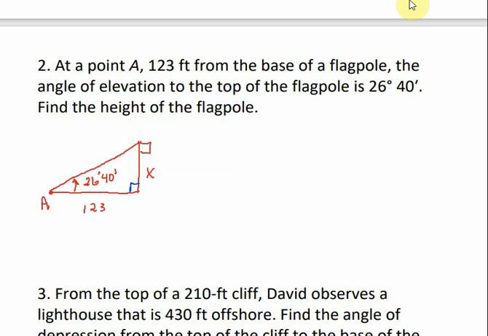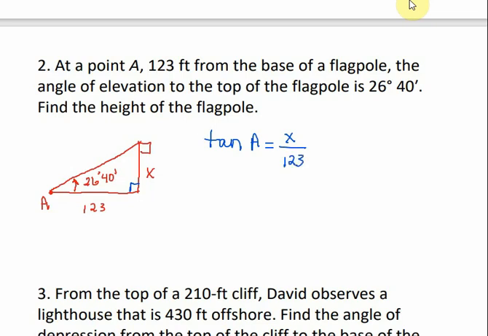Okay, so we're not dealing with the hypotenuse, we're dealing only with adjacent and opposite sides. So which trig function deals with opposite and adjacent? Tangent. All right, so the tangent of angle A is equal to the opposite over the adjacent.